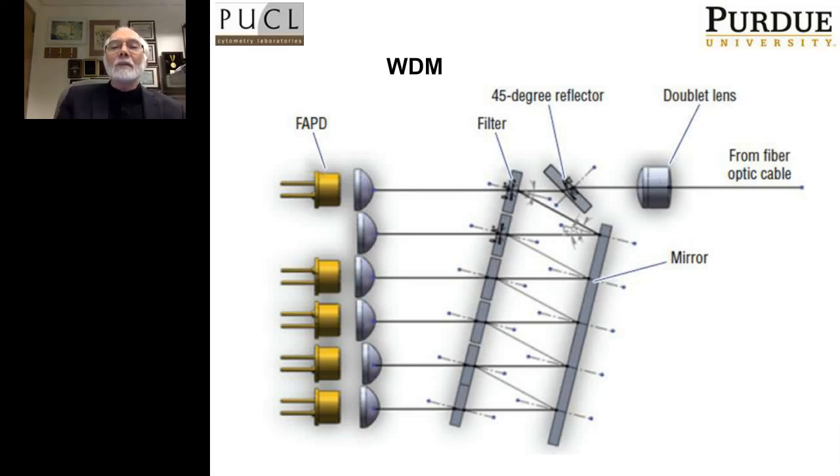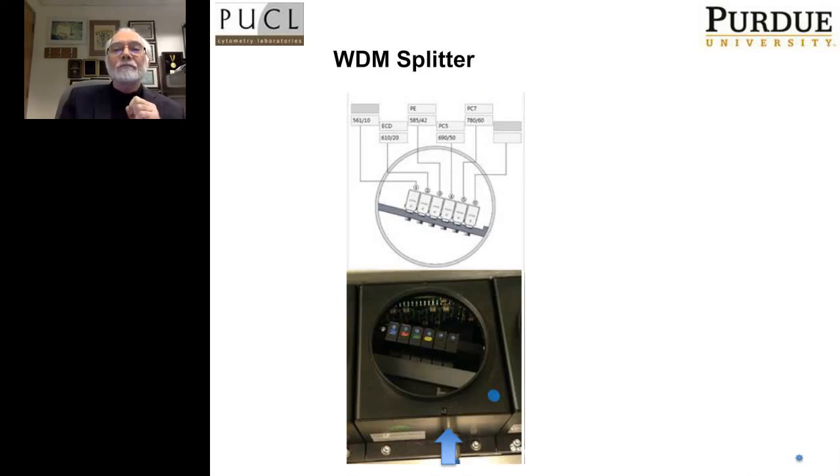And then the rest of that signal, what doesn't go through, is bounced onto a mirror. And then some of that goes to another detector, and you can see that it's bouncing around and around and around. So that's the fundamental technology that's inside the CytoFLEX.